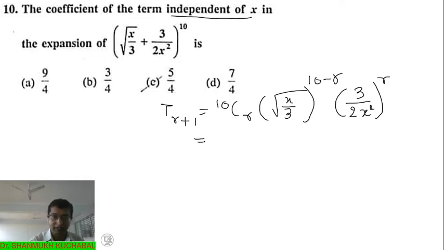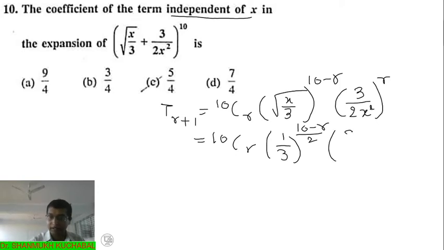We get 10C r, 1 by 3 raised to 1 by 2 into 10 minus r divided by 2, then 3 by 2 raised to r. I have separated x, so we get x raised to 5 minus r by 2 minus 2r.